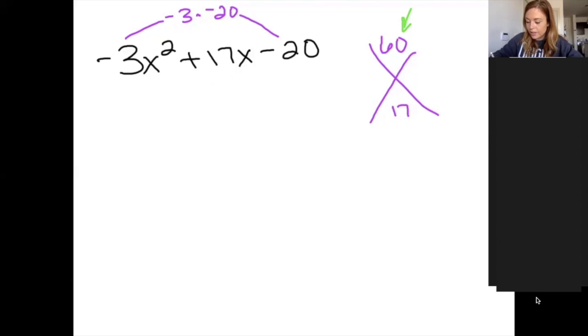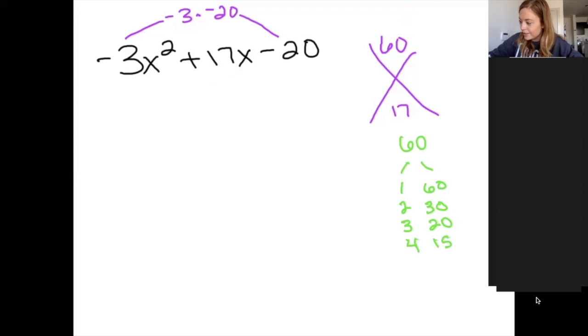Okay, so let's break apart 60. 60 is 1 and 60, 2 and 30, 3 and 20, 4 and 15, 5 and 12, and one more, 6 and 10. That's why this one's kind of hard, because it has big numbers and multiple negatives.